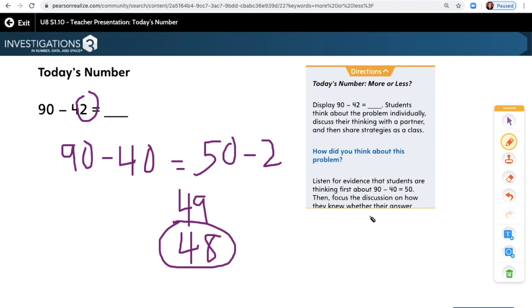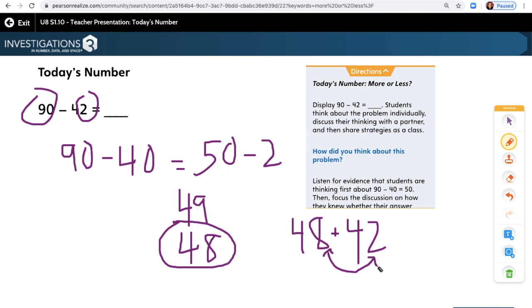One way to check our answer is to add 48 plus 42 to see if we get 90. And if we get 90, then we know that our answer is correct. So the first thing that I'm going to do is add the 8 and the 2 together. I'm going to start with the ones place. So I know that 8 plus 2 equals 10.